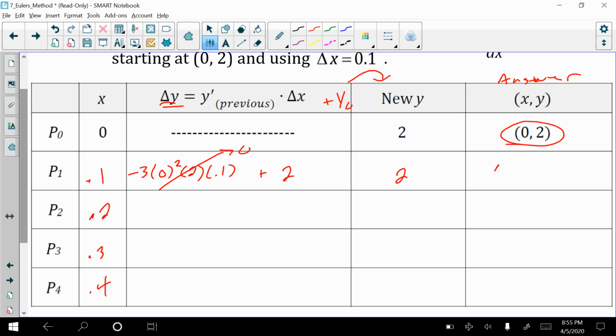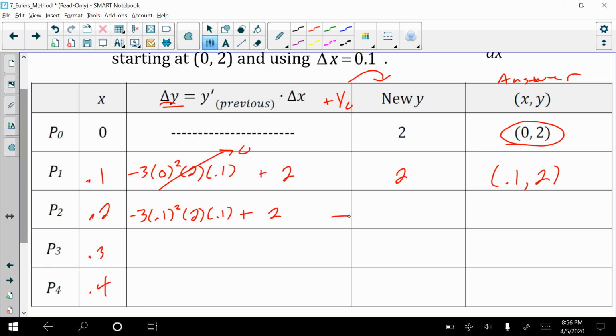So we haven't really made much change here. So when x is 0.1, y is 2. So that would be our answer for our first step. So now we continue. So now I'm going to say negative 3, and I'm going to take a look at the x and y value from the previous answer. So x in this case is 0.1, and I square it, times the 2 times delta x of 0.1, plus the previous y number, which in this case is still a 2.